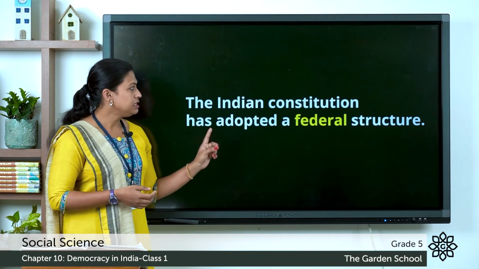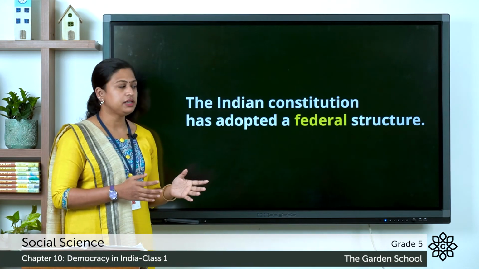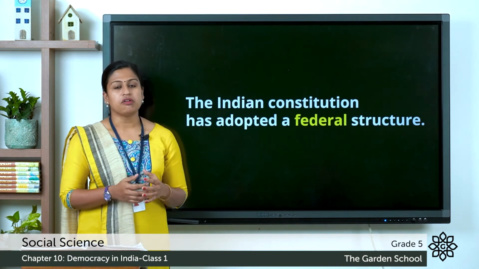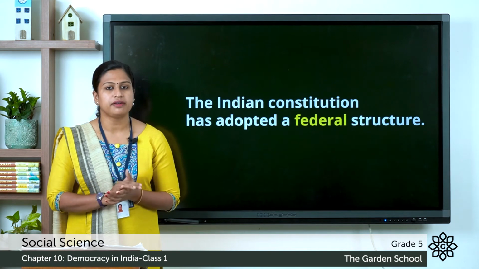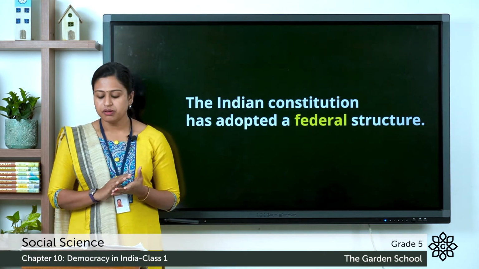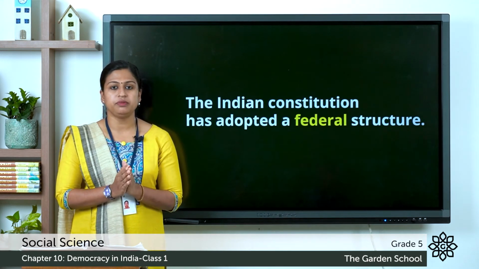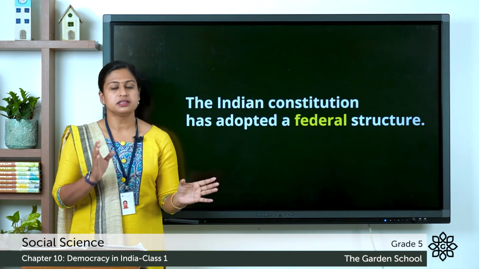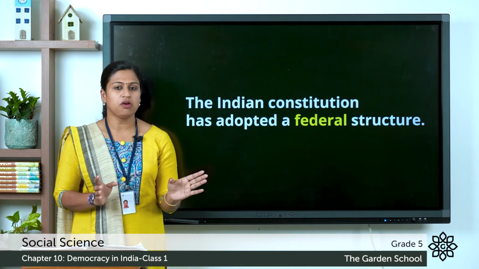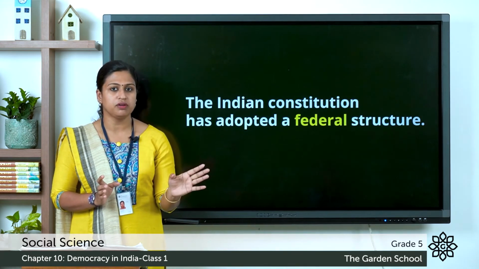So, the Indian Constitution has adopted a federal structure. Now, what do you understand by this federal structure? It is a system of government where the power is distributed between the central and the state governments. The central government is also known as the union government.